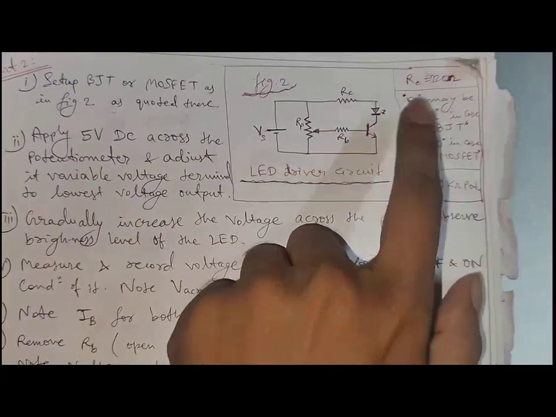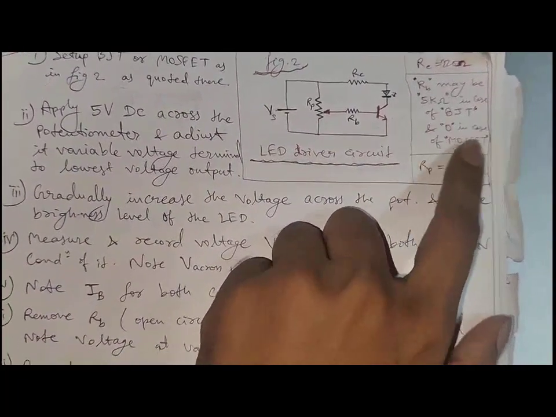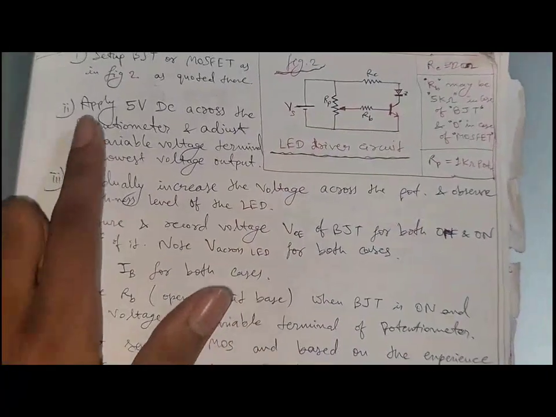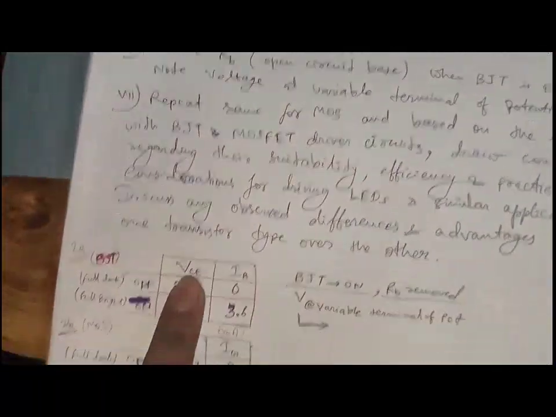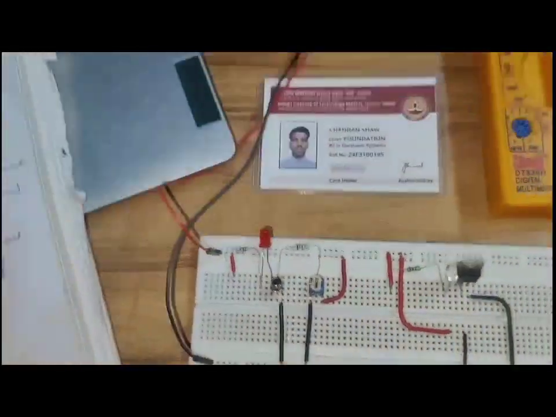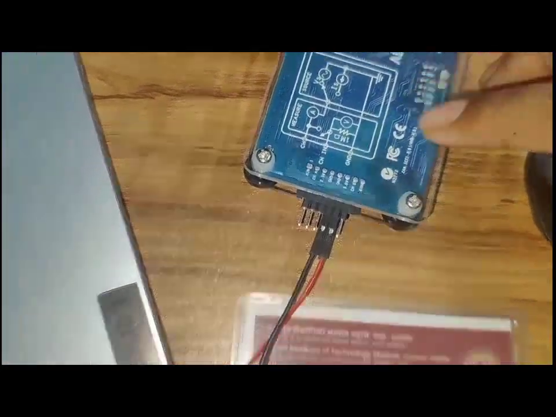RB may be 1 kilo ohm for BJT and 0 in case of MOSFET, and RP is a 1 kilo ohm potentiometer. Apply the DC voltage and measure VC on off condition, IB, VDS and IG and all. I'm using the 1 kilo ohm only, and this is the 5 volt and ground connected.